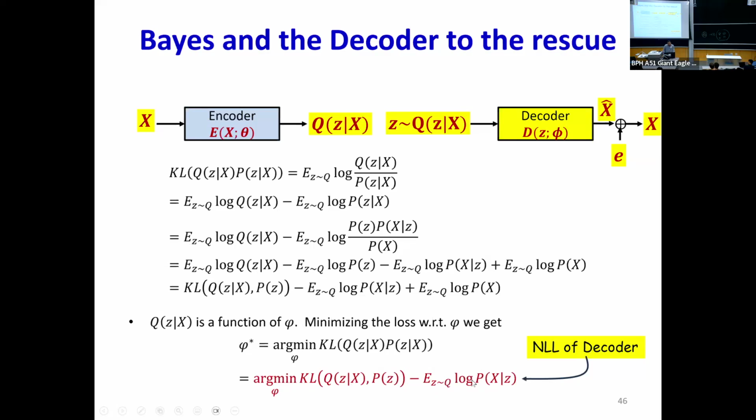And the second term, P of X given Z, is the negative log probability of the data X given Z. This is simply the negative log likelihood of the decoder. So minimizing the second term is the same as saying I'm giving you Z, X pairs, train me the decoder. So the second portion ends up being the portion of the loss that trains the decoder.